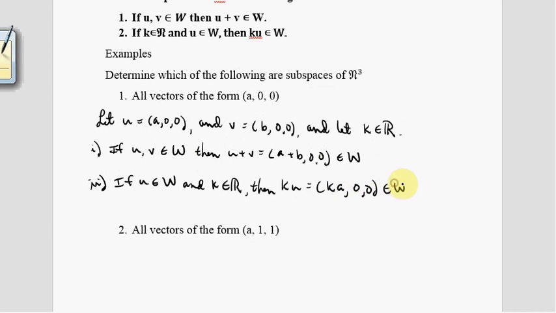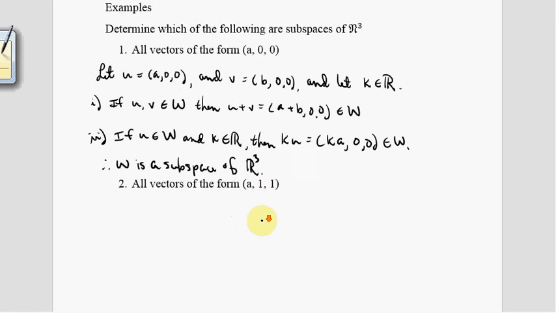It is also of that form. So we conclude that W is a subspace of R3. Again, we only show 2.